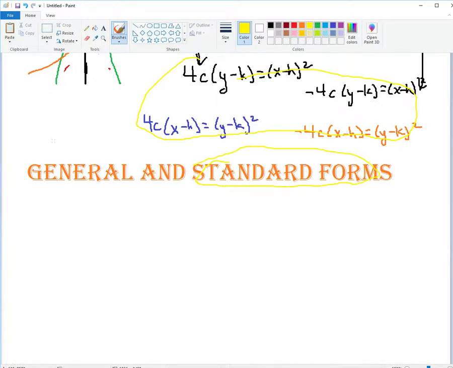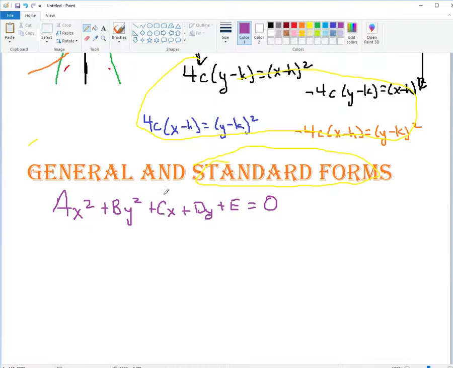Okay, so what is our general form? Our general form would be the other one that we know oh so well. It is going to be in the form of ax squared plus by squared plus cx plus dy plus e is equal to 0.